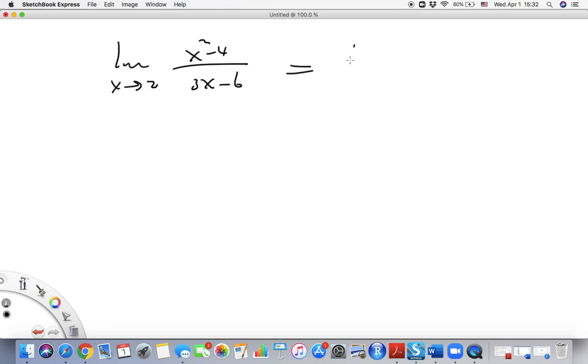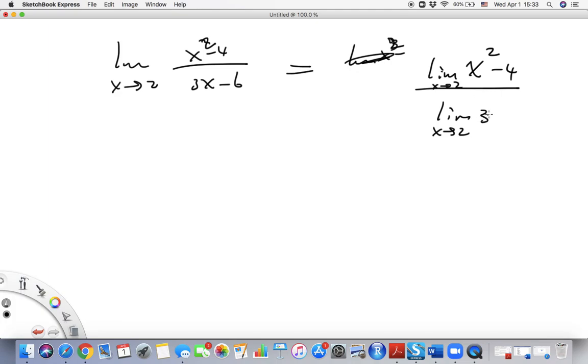It's tempting to take the limit of x squared minus 4 over the limit of 3x minus 6, but this is not allowed because if you plug in 2, your denominator is equal to 0. So the theorem really does not apply. So what do we do?